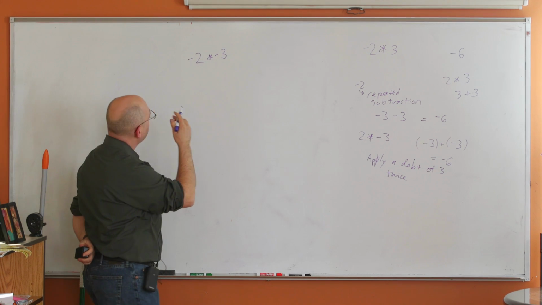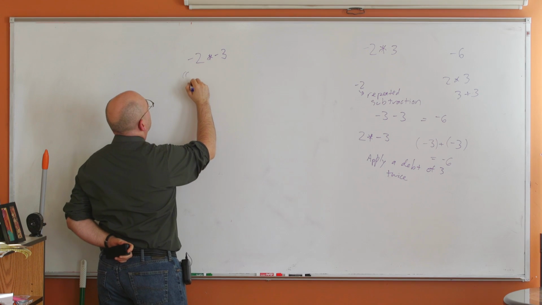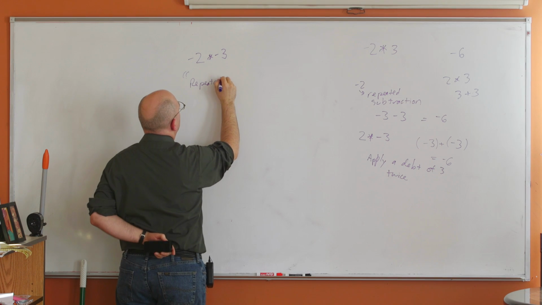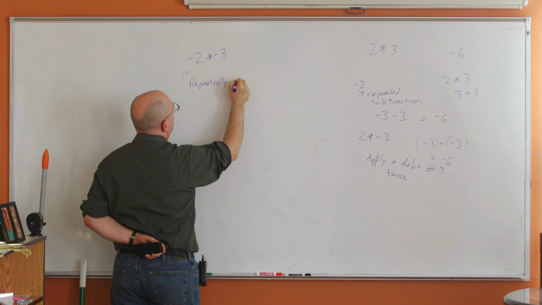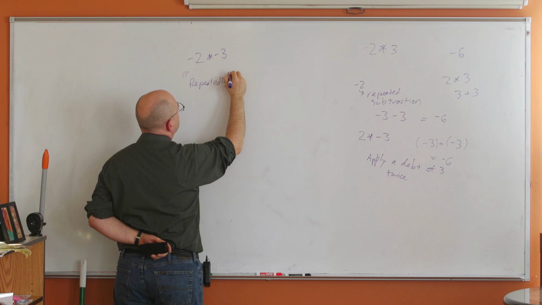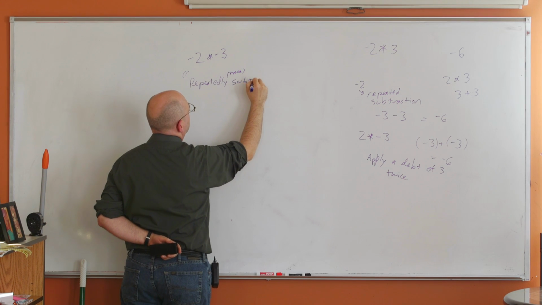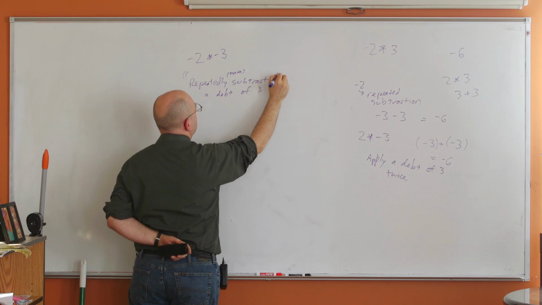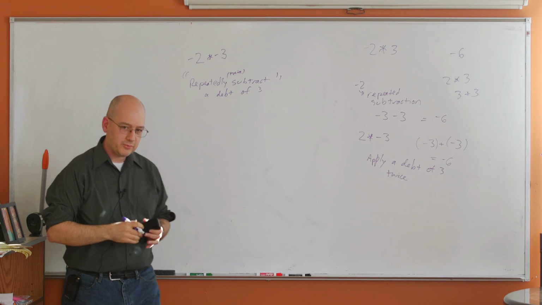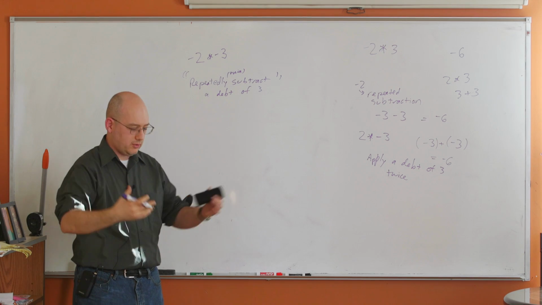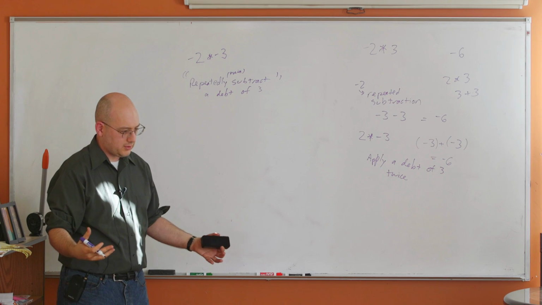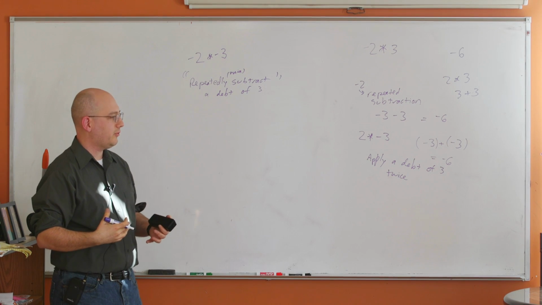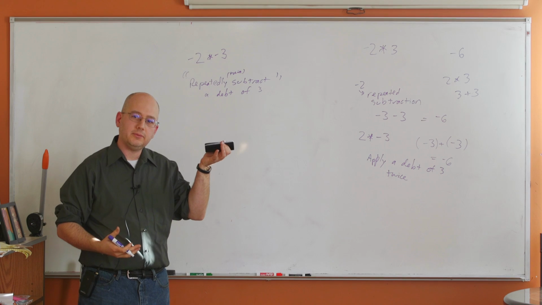How do we think about this? Well, repeatedly, twice, subtract a debt of 3. So if I'm subtracting a debt of 3 from my overall holdings, what does that mean? That means my debt is going down, right? And so the money I have is going up.